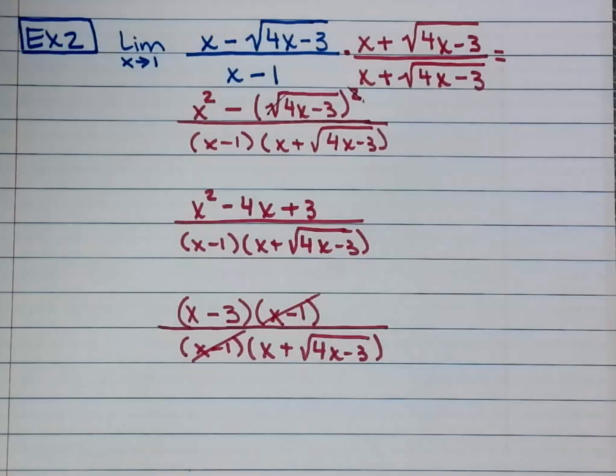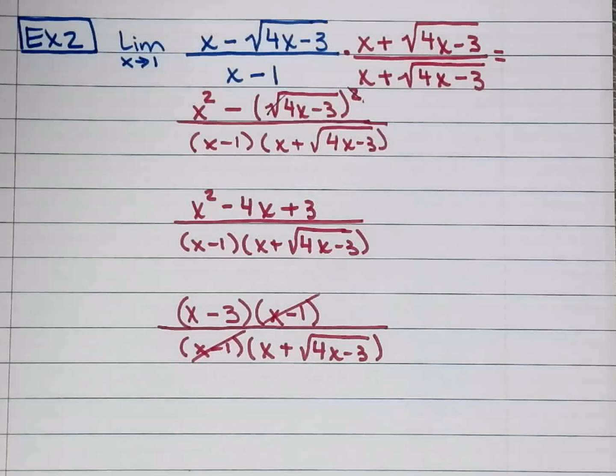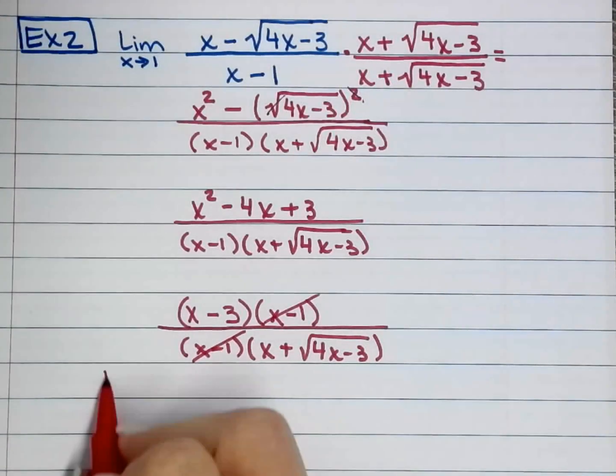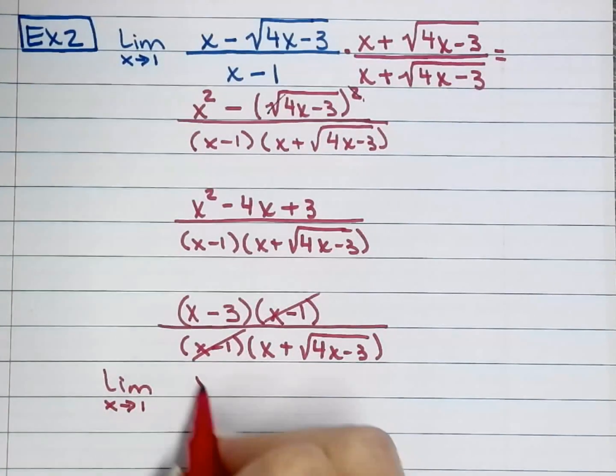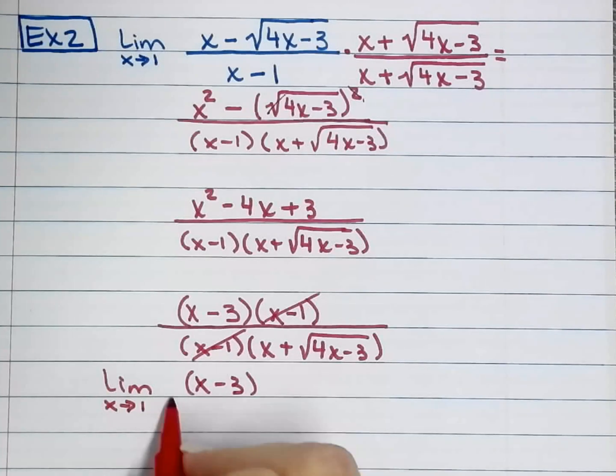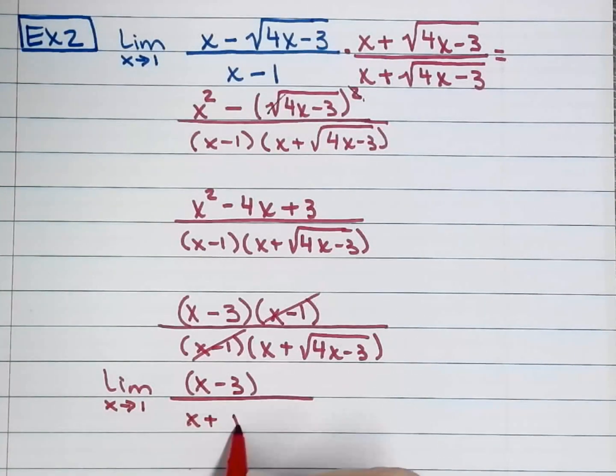So in reality, I can find the limit as x approaches 1 of x minus 3 over x plus square root of 4x minus 3.